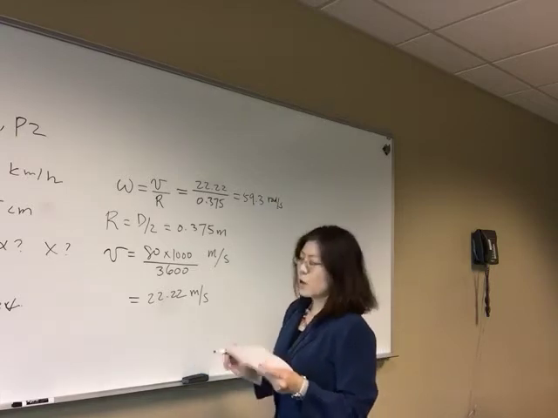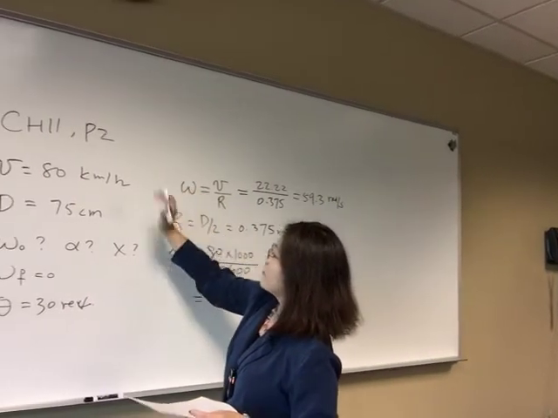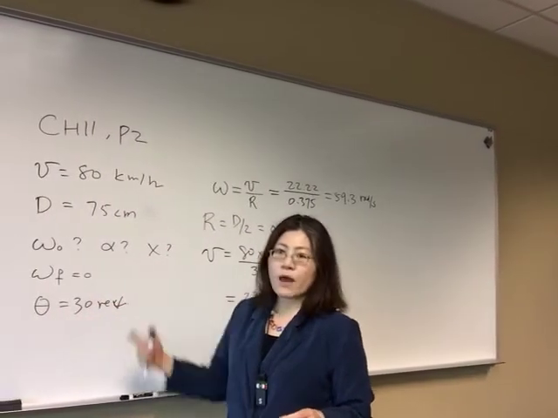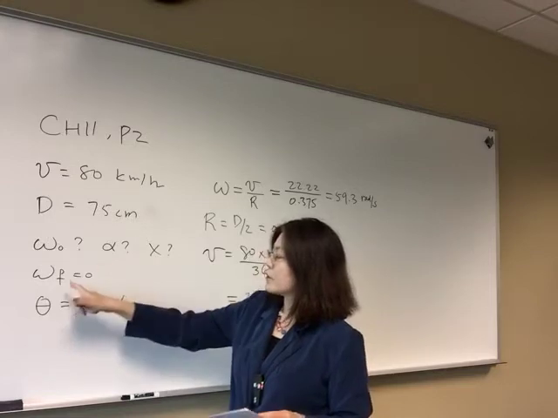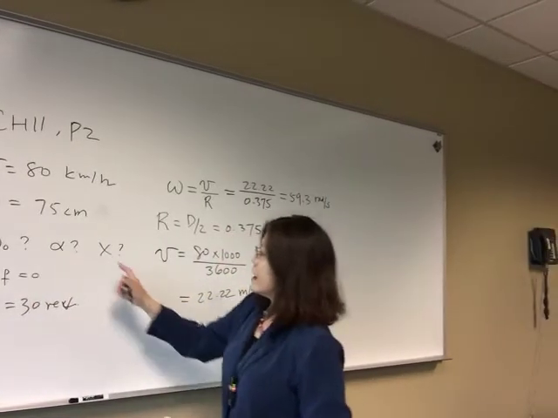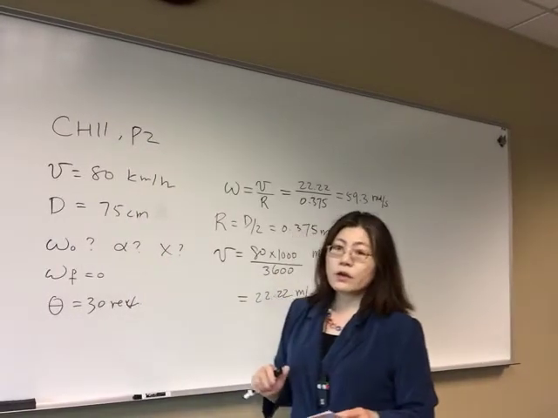This is the angular velocity. It says that after 30 turns, after 30 revolutions, it comes to a stop. So when it comes to a stop, the final angular velocity is 0. And you also need to find the angular acceleration.